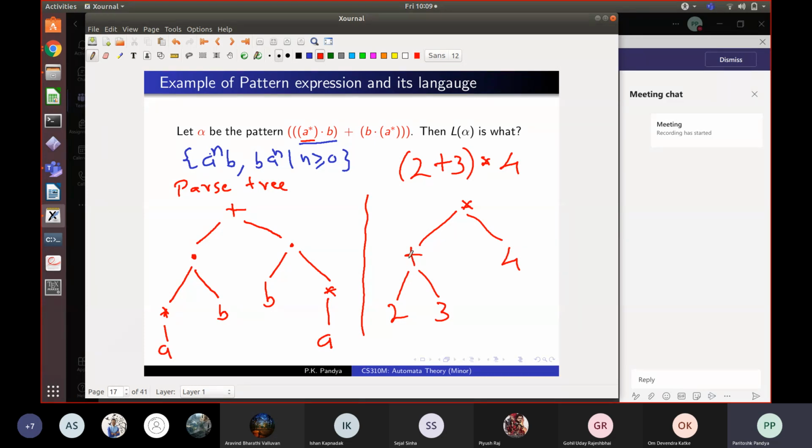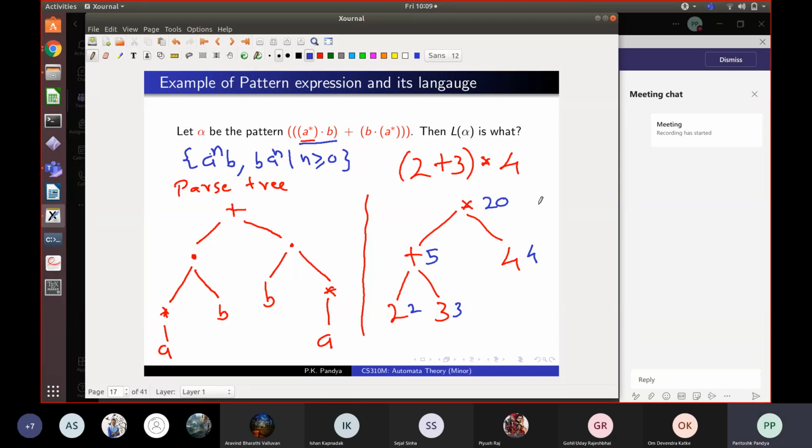There is this plus symbol which denotes the sum of these two, right? So you will do 2 plus 3 and you will get 5 here as the answer. So first you will get 2 here, you will get 3 here, you will get 5 here, here you will get 4, then you have to multiply 5 and 4 and you will get 20 here. So you are doing a kind of bottom up calculation of the value of this expression in arithmetic. Agreed?